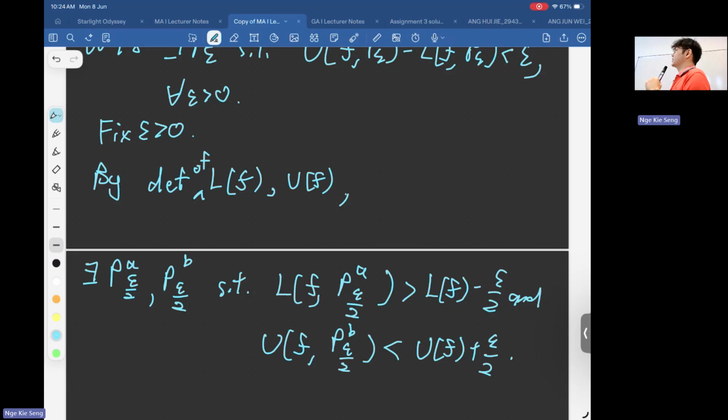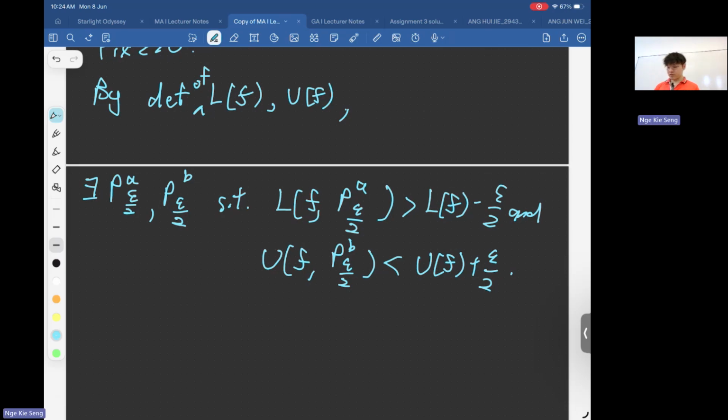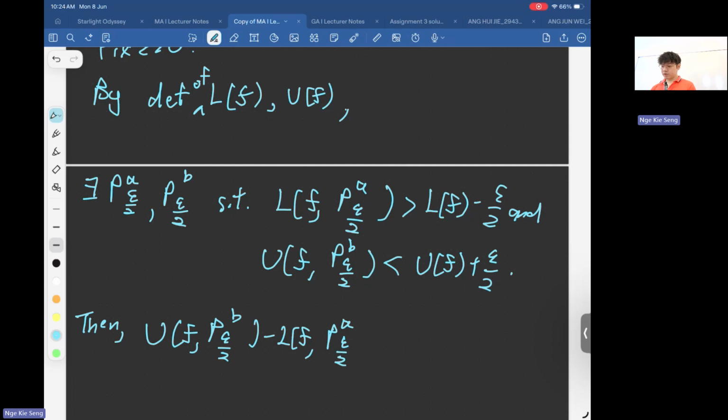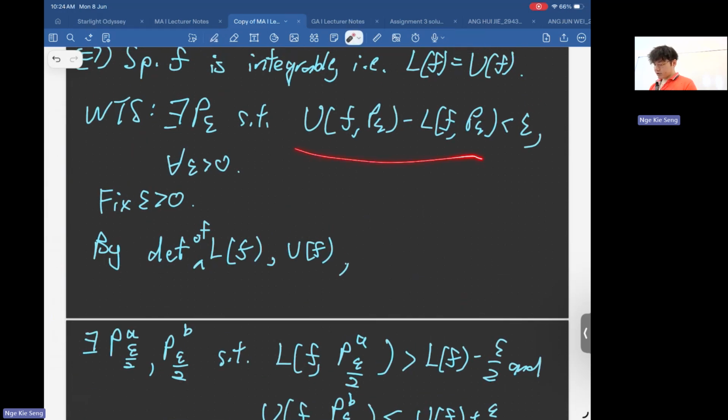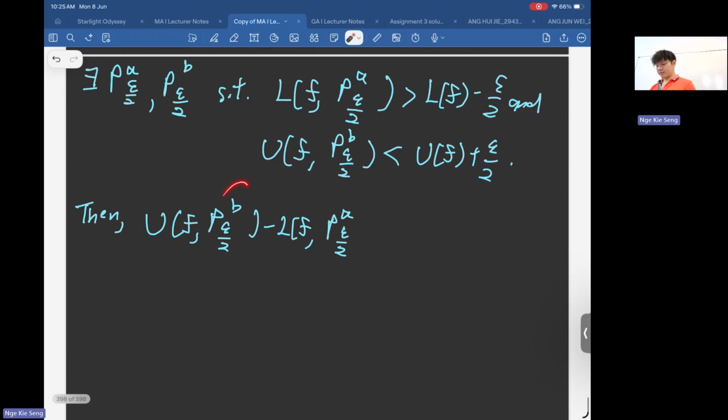I named one A and one B, labeled depending on whether I'm using L or U. So I consider UF(P_B epsilon over 2) and LF(P_A epsilon over 2). What you see here is that I'm trying to reach this calculation, although not quite, because here I need the same partition, but these two partitions might be different. So let's see how I can play around with it.